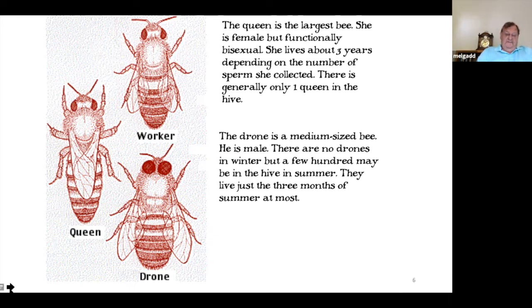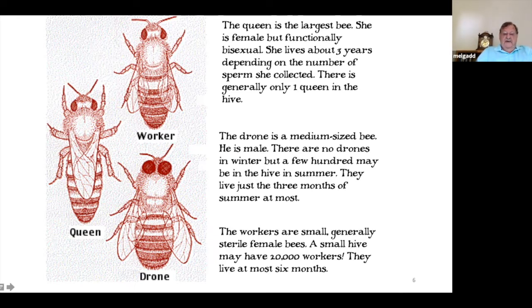The major bee in the hive is the worker bee, and they are all female. So it is a female-dominated society. They're the ones who really make all the decisions about the hive, but they do all the work. So what they'll do is each worker bee will do every job in the hive.